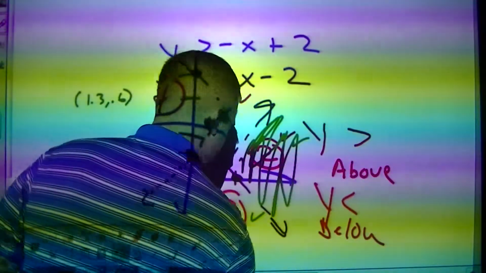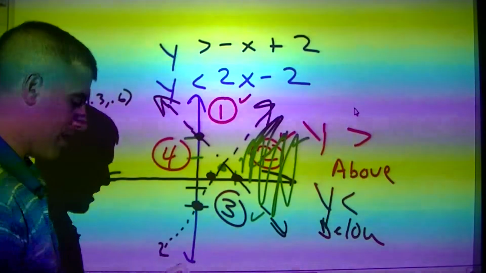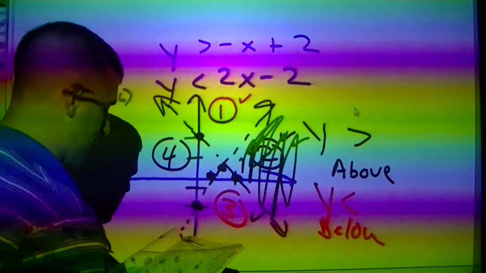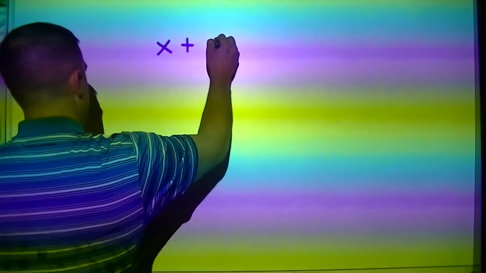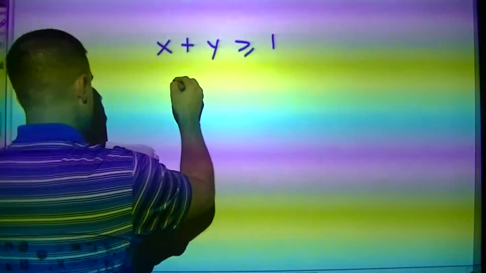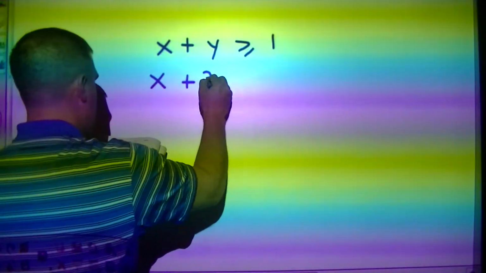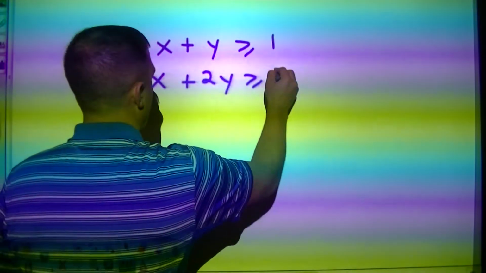Let me do another one, with x and y on the same side. Let's say I have x plus y greater than or equal to 1, and x plus 2y greater than or equal to 1.